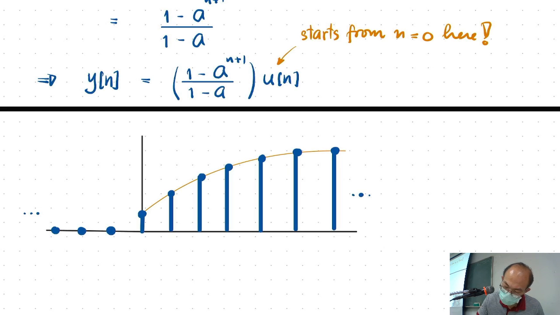Here, the steady state is 1 over 1 minus a. This is the zero state response.